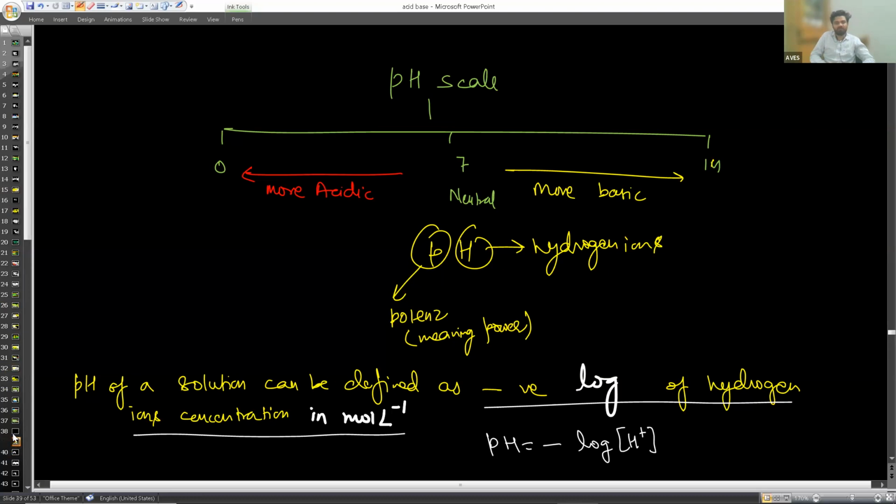So here we have this one. The pH of a solution can be defined as the negative logarithm of hydrogen ion concentration in mole per liter. Have you noted this also? P stands for potence. Yes. So let's start studying this topic.